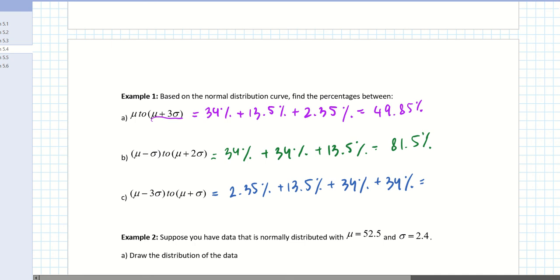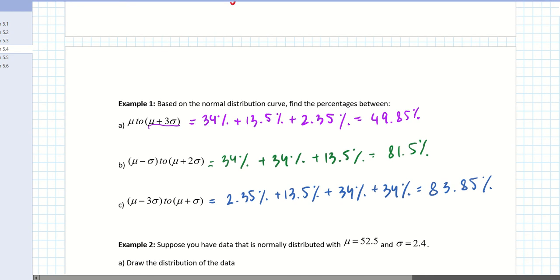Again, 34 plus 34 is 68, plus 13.5 is 81.5, plus 2.35, we get 83.85%. So between those 4 standard deviations here, we get 83.85.